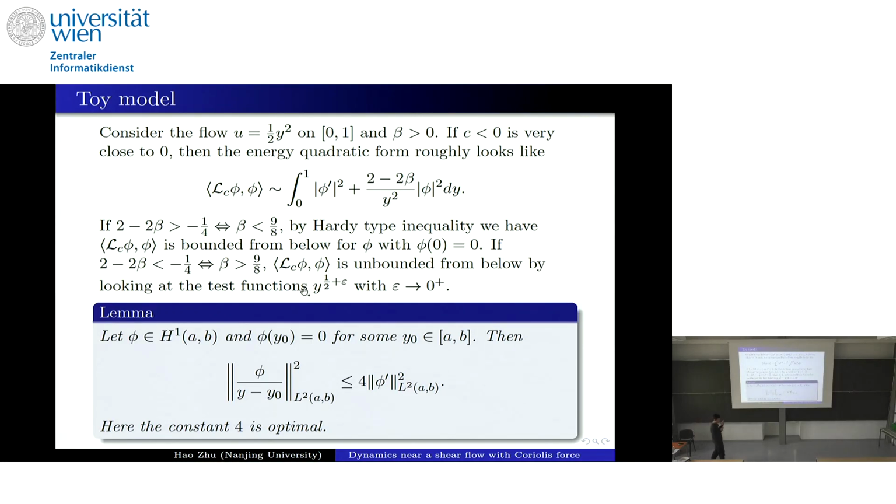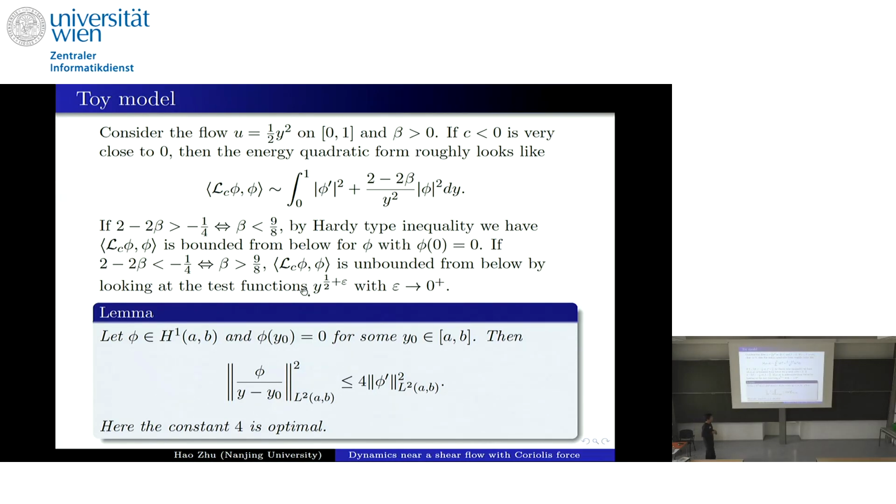Here the point is that these two terms compete with each other, and if this one wins, then we will get finitely many eigenvalues which converge to negative infinity. If this one wins, then we will get infinitely many.